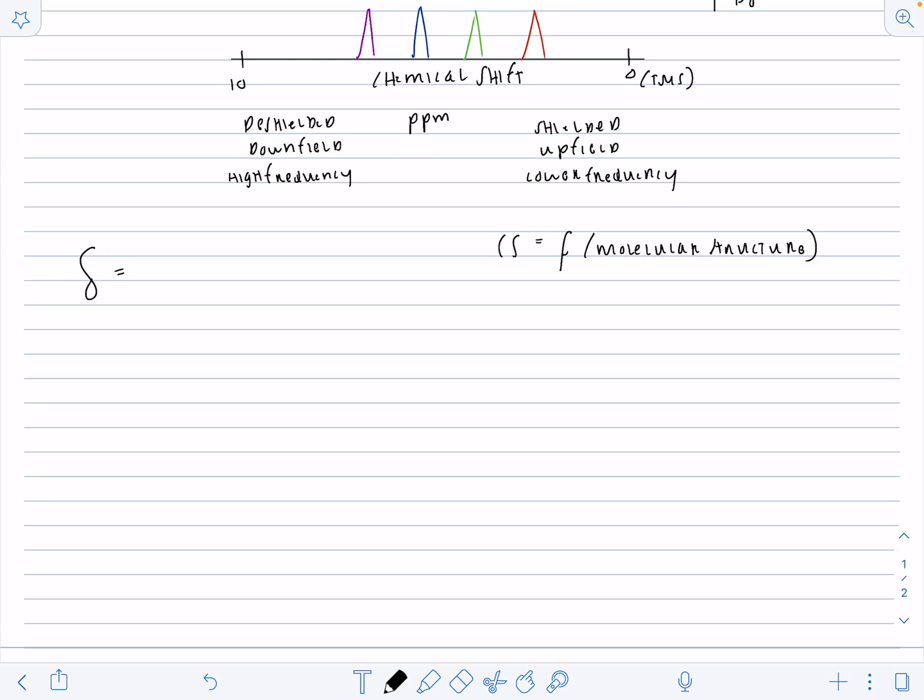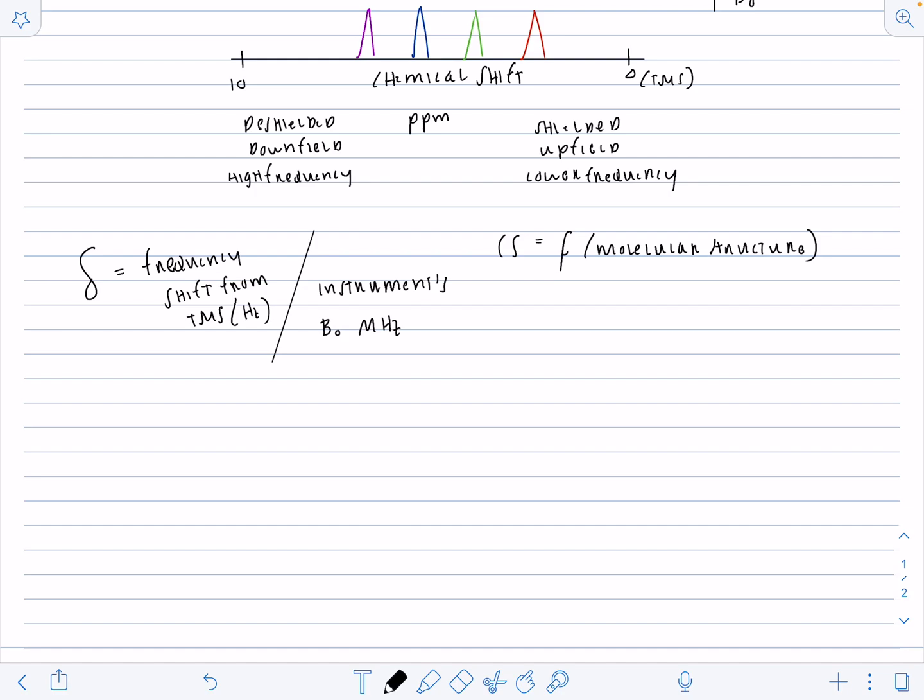But chemical shift equals the frequency shift from TMS, which is in hertz, divided by the instrument's magnetic field strength in megahertz.